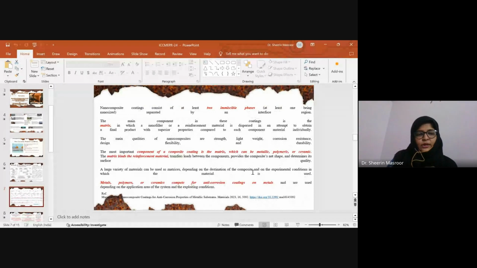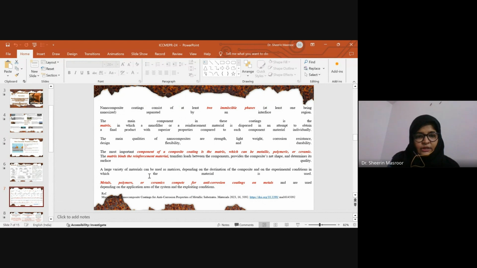The most important component of the composite coating is the matrix, which is either in the form of metals, polymer material, or ceramic nature. The matrix binds with the reinforcement material, transfers the loads in between, and gives shape to the coating.